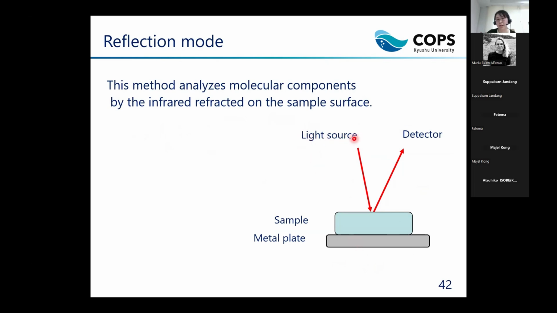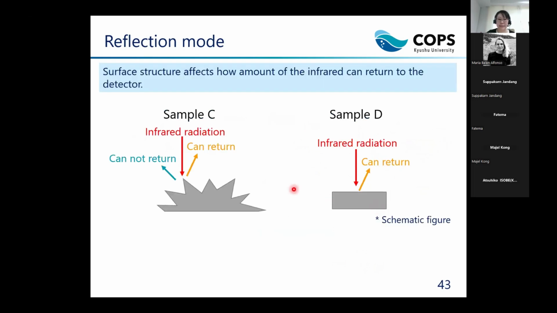From the light source, you radiate the infrared, and on the surface, the infrared reflects and returns to the detector. In this case, there is no interference from the sample, so you can see only the signal from the sample. But you need to consider how much of the infrared can return to the detector.